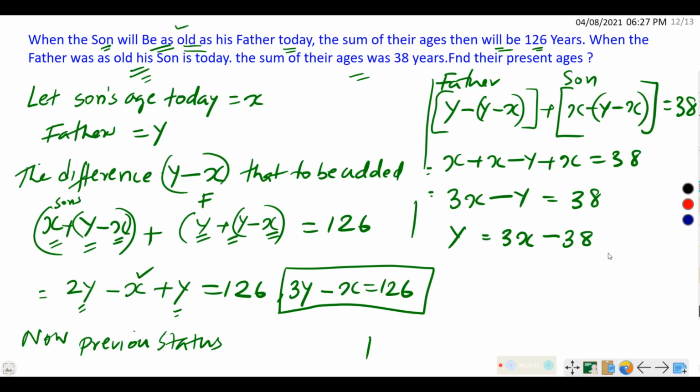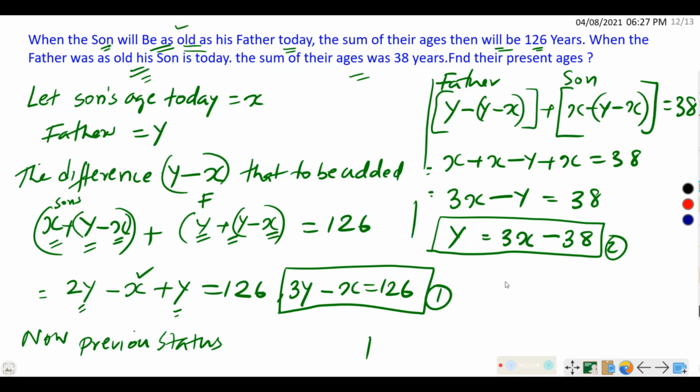Right. y is 3x minus 38. Correct. So we got two equations, and we will substitute y from the second equation into the first one. That means y is equal to 3x minus 38. We will substitute in the first equation.